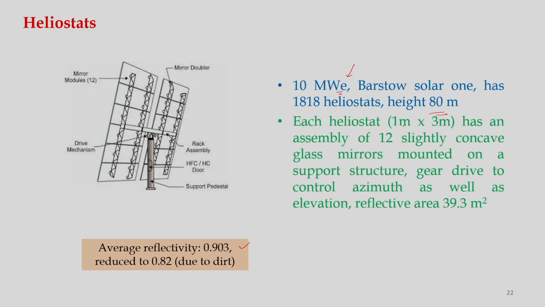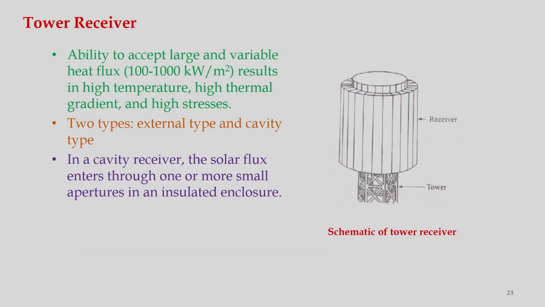Each heliostat, which is 1 meter by 3 meter in dimension, has an assembly of 12 slightly concave glass mirrors mounted on a support structure, and a gear drive to control azimuth as well as elevation. Okay. And this reflective area is about 39.3 meter square. Okay. So, this is a heliostat. There will be many heliostats in a central power receiver system.